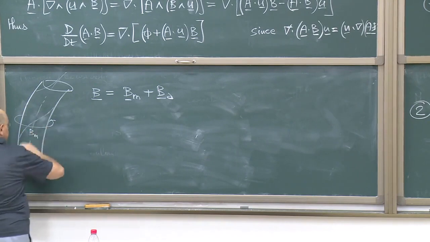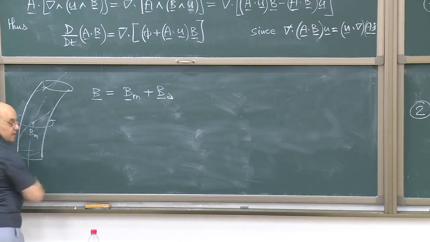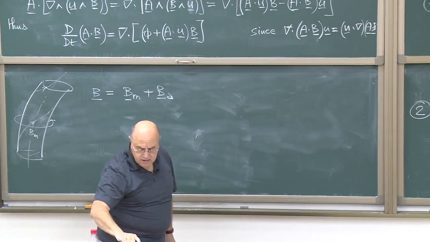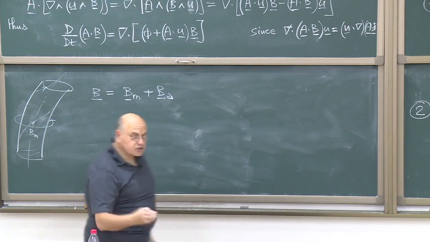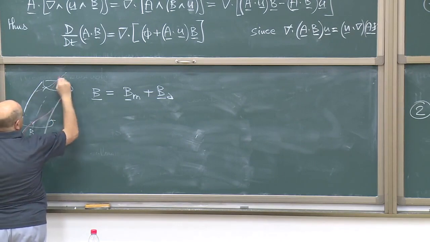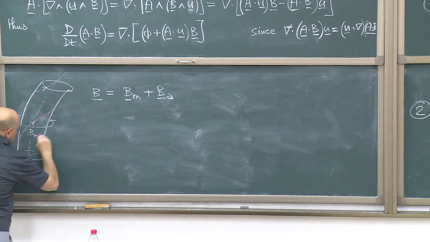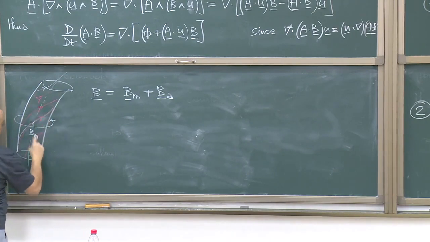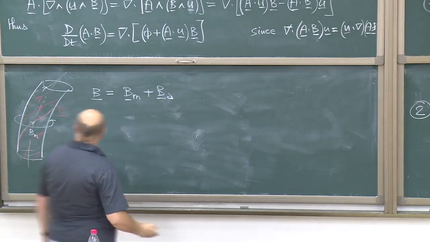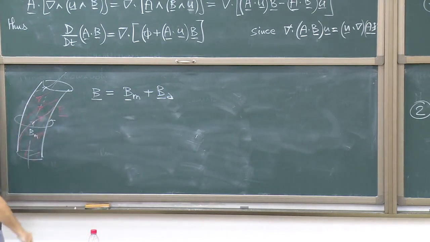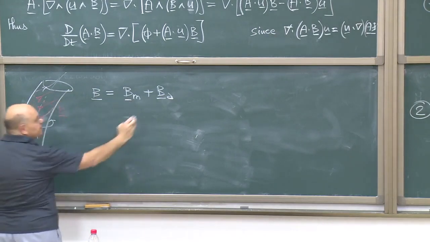And then there is another contribution. You see these field lines are going up somewhere. Maybe I can use a different color, a red one, so you see what I mean. These field lines, of course, are mainly longitudinal. This is the total field B, and the total field B is assumed to be decomposed into a meridional field and an axial field.